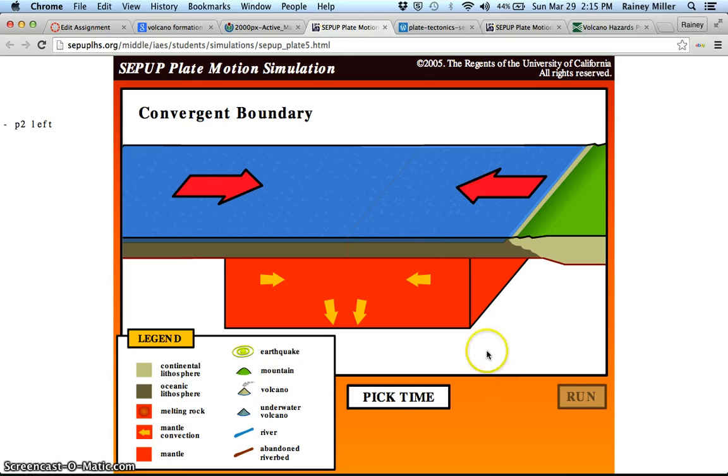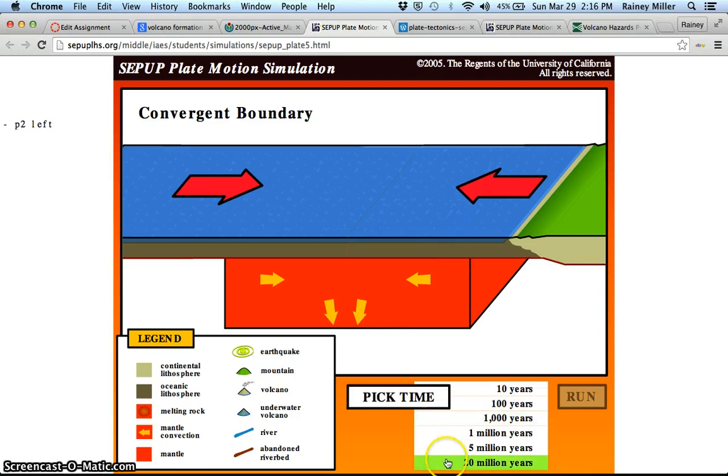I don't like this one as much because it's showing that they form out in the ocean, and that's not always true. There are actually quite a few volcanoes that are on the west coast of the US, in Canada and Mexico and all the way down through South America, because we have this Pacific plate that is going underneath the other plate, which creates these volcanoes.